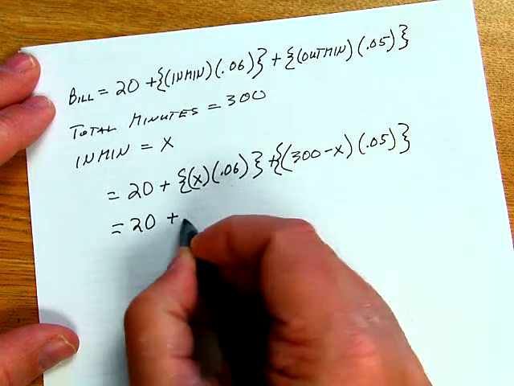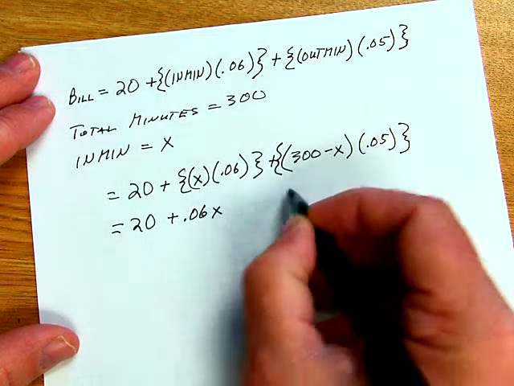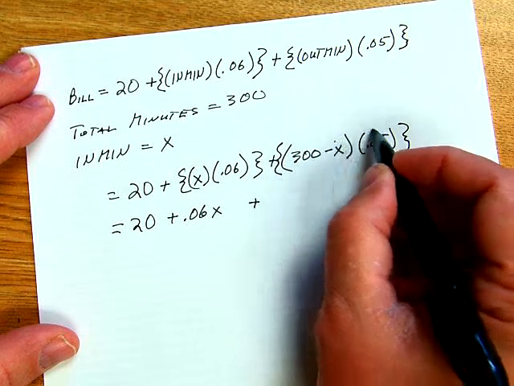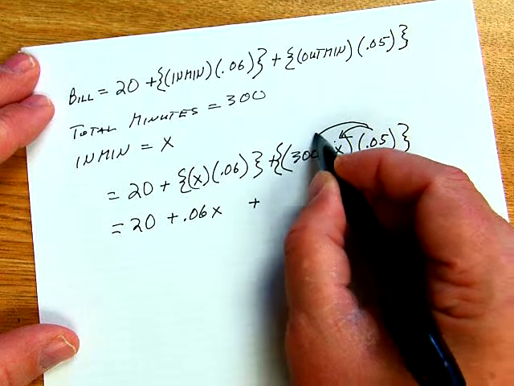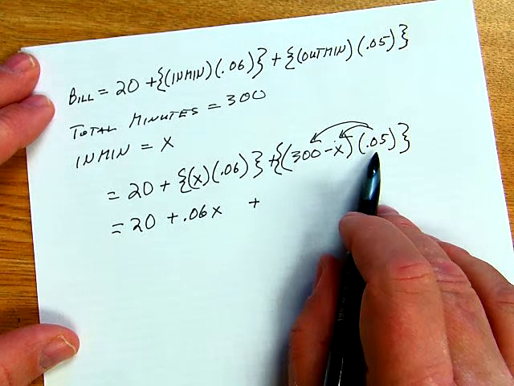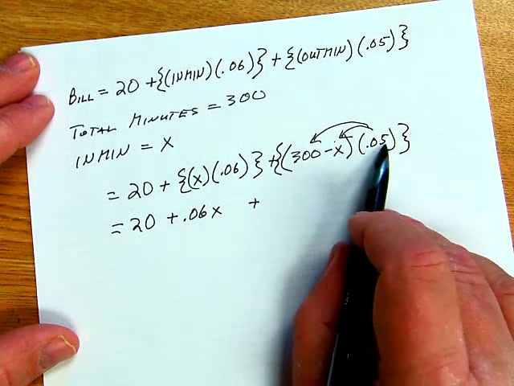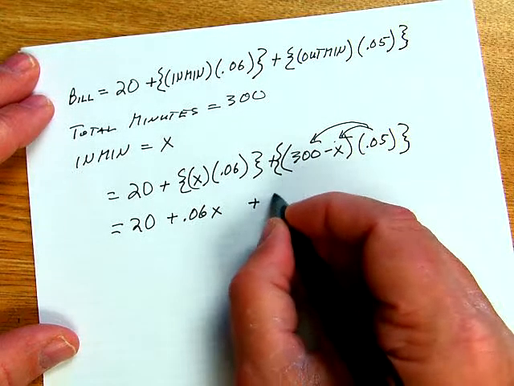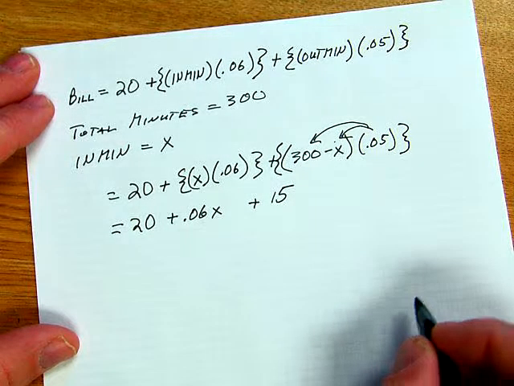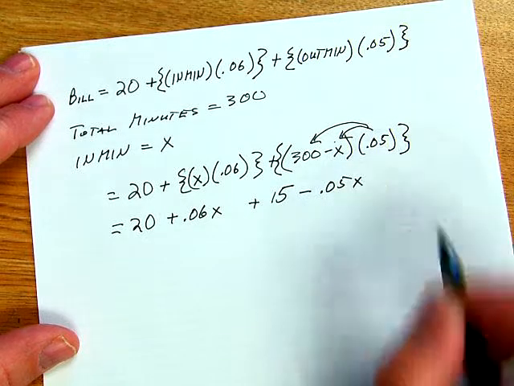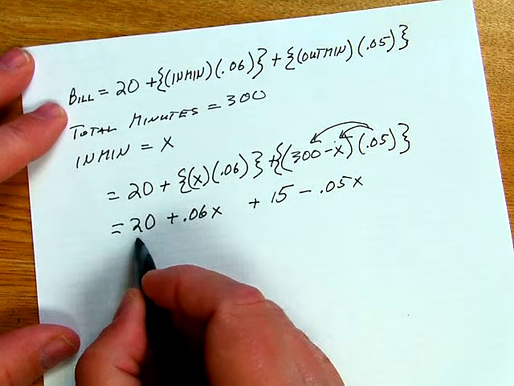20 plus 0.06X, and now I come over here to the plus, and I'm going to get my arrow going. I'm going to arrow that guy twice. So the monomial of 0.05 times the polynomial 300 minus X. So 0.05 times 300 is 15 minus 0.05X. Now I have some like terms to add.